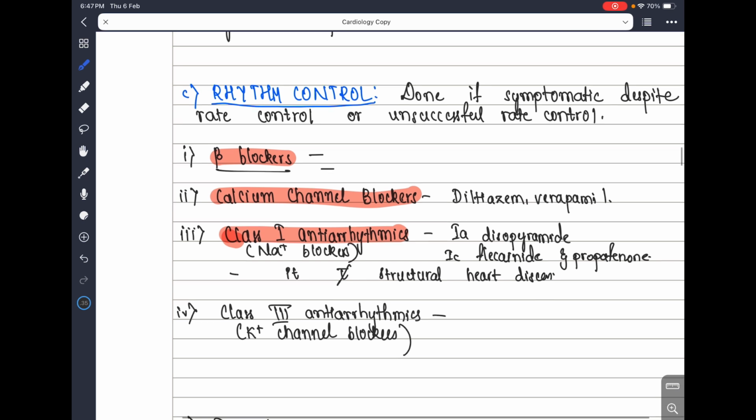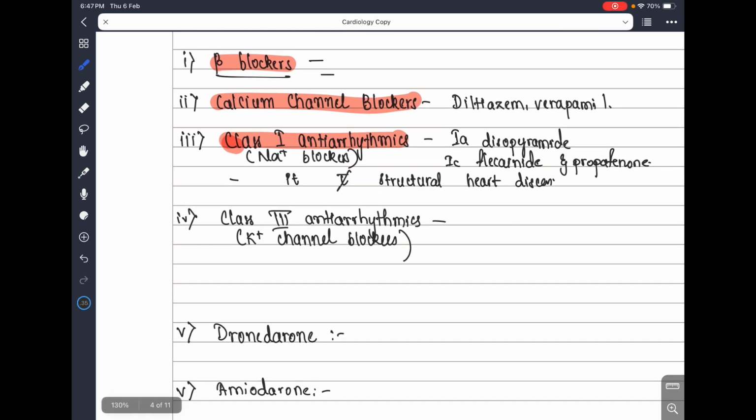Then third that you can use is class 3 antiarrhythmics. They are sotalol and dofetilide. In this video itself, we had discussed another class 3 antiarrhythmic. Do you remember it? If the patient is unstable, you can give pharmacological or electrical cardioversion. Which was the pharmacological that you used?